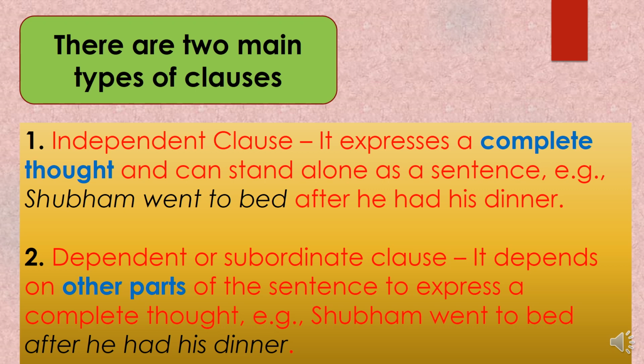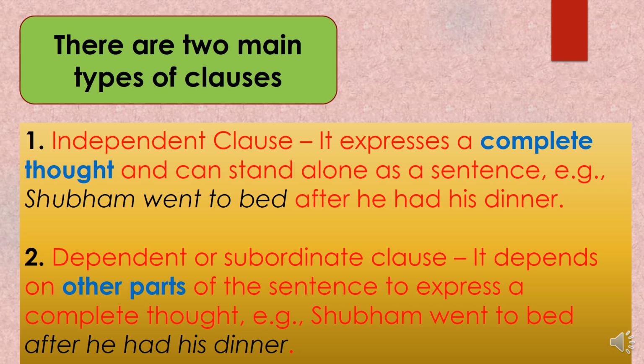But see the difference in both the clauses of the sentence. Shubham went to bed: here we have a subject and a verb, Shubham and went. If you write it alone, without the next part of the sentence, it alone is expressing a thought that Shubham went to bed.